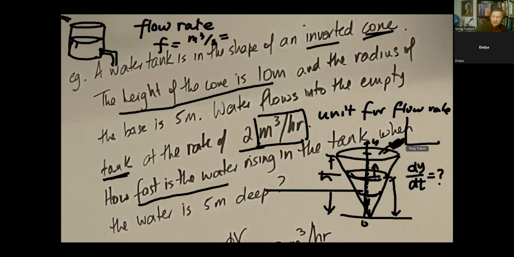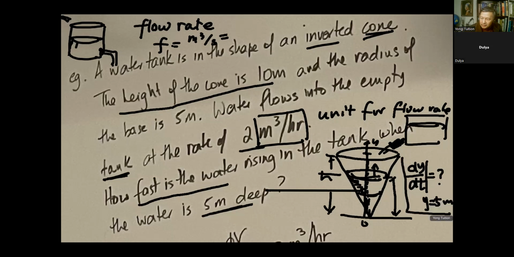That is the question, a part of the application of calculus. And they are asking for a particular height, 5 meters deep. So basically, when y equals 5 meters. This is the question.